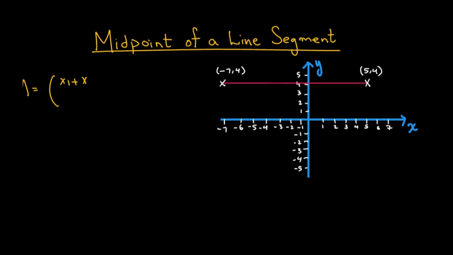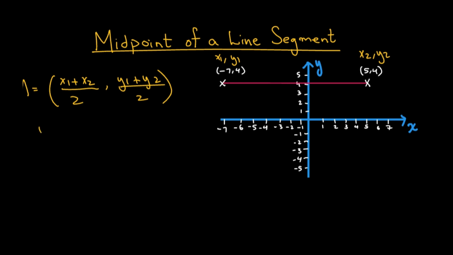(x1 plus x2) divided by 2, comma, (y1 plus y2) divided by 2. Let's call -7, 4 as x1 and y1 and 5, 4 as x2 and y2.